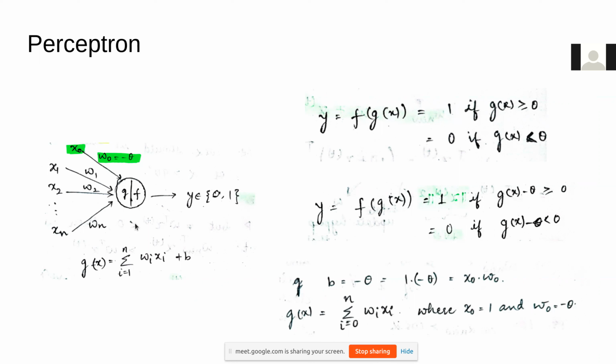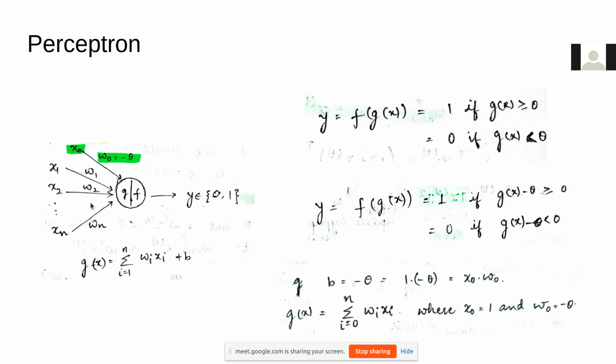The idea of perceptron is that for all these inputs, we will take the weighted sum of the inputs, add a bias to it, and that will be the g of x. And then we will apply a threshold on this output to get the actual label y. So x1 will be given some weight w1, and these are the weights which we will be learning.